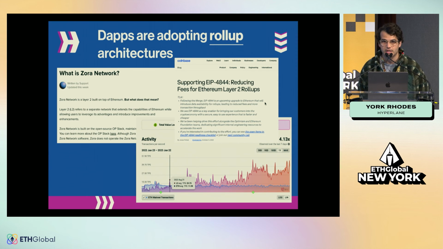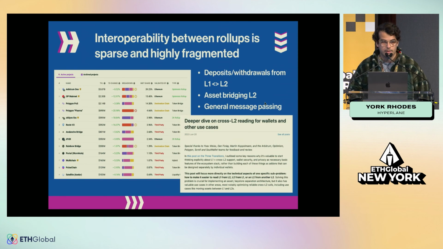And actually, there's more activity on these new infrastructure layers than there is on the L1. So this is not just something theoretical that only researchers are talking about. This is actually playing out in production. People are migrating.